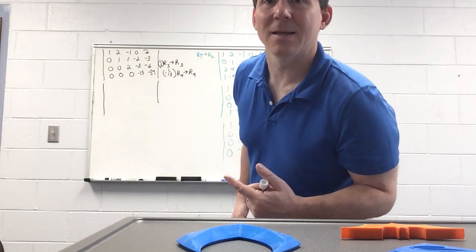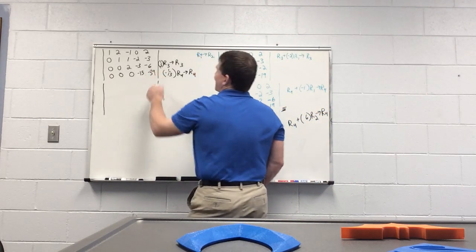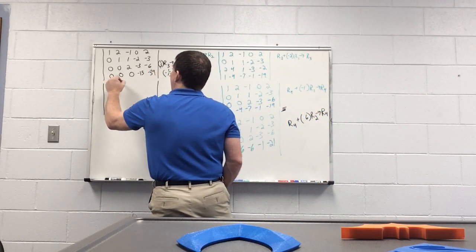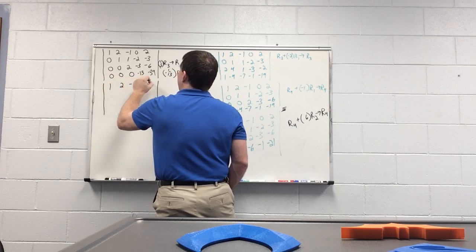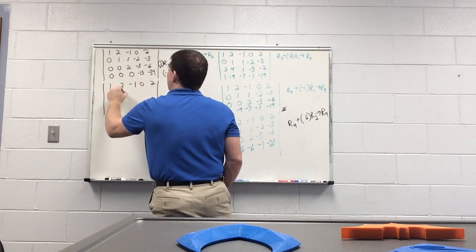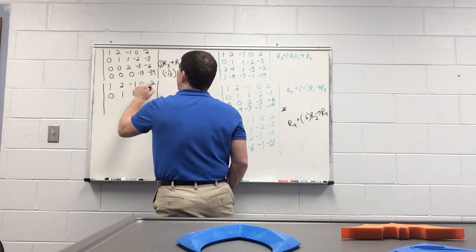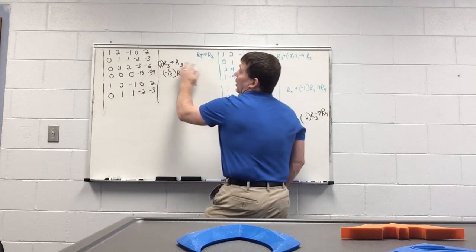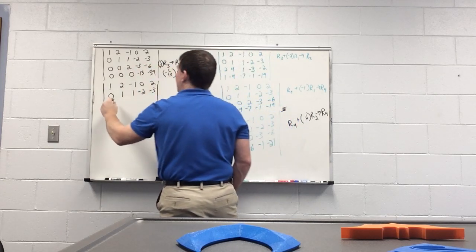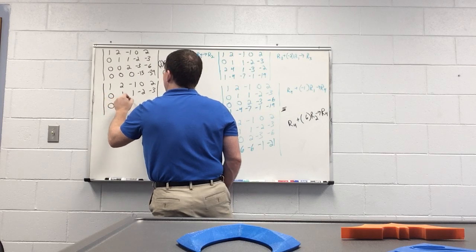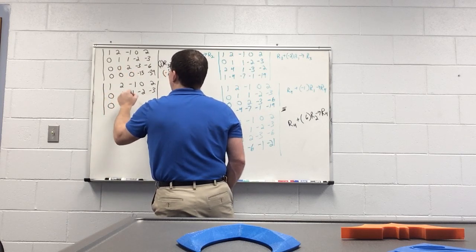And this is still running? Yes, good. Okay, so the top 2 rows will stay the same. 1, 2, negative 1, 0, 2, 0, 1, 1, negative 2, negative 3. Now we do half of R3 into R3. So I get 0, 0. 2 times a half is 1.